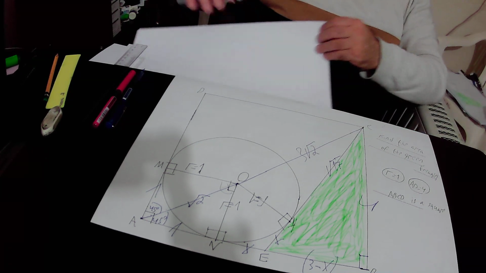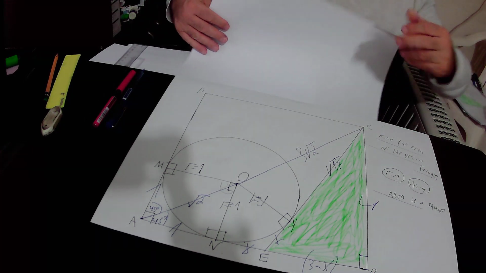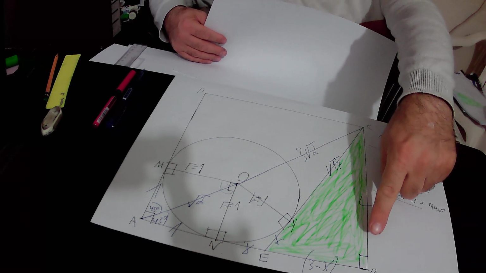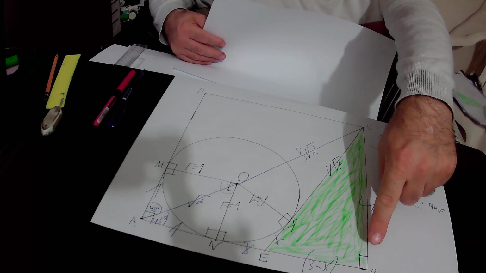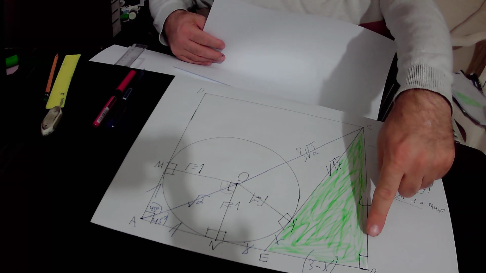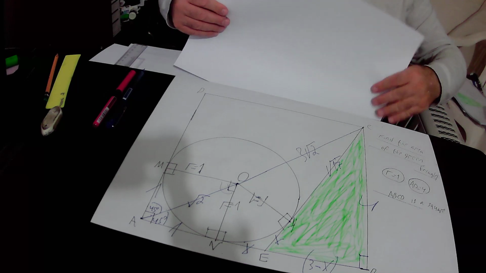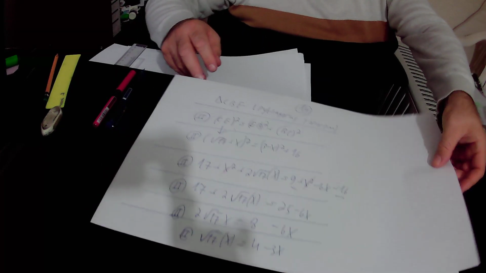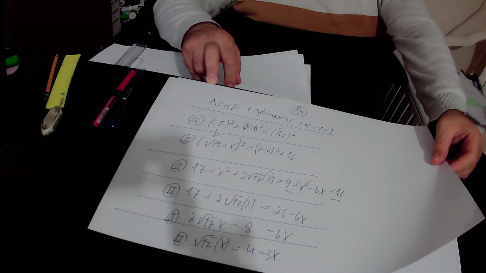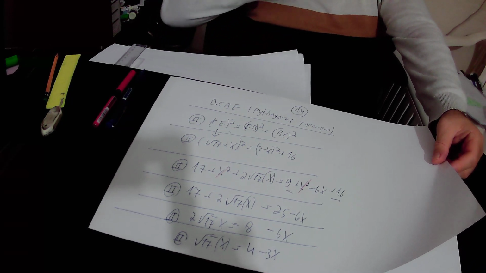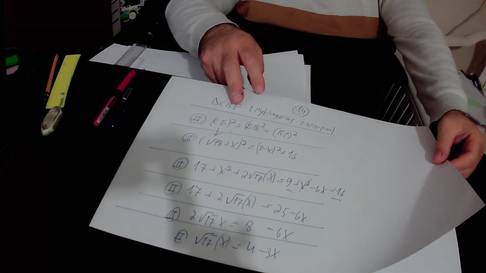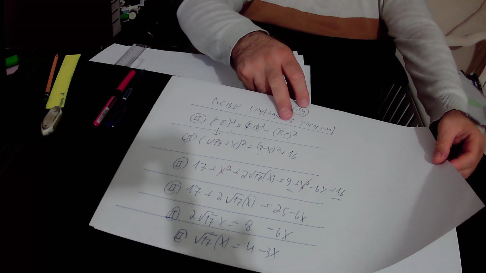And then we focused on the green right triangle, triangle CBE. It is a right angle because this angle is one of the 4 angles of square ABCD, and all 4 angles of square ABCD are right angles. So we implemented the Pythagoras theorem in the right triangle CEB, and according to the Pythagoras theorem, CE squared equals EB squared plus BC squared.